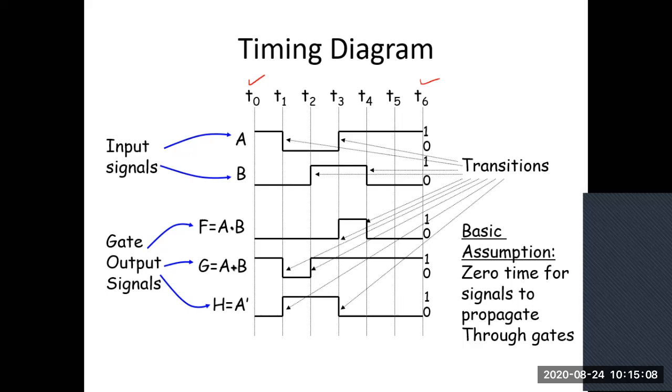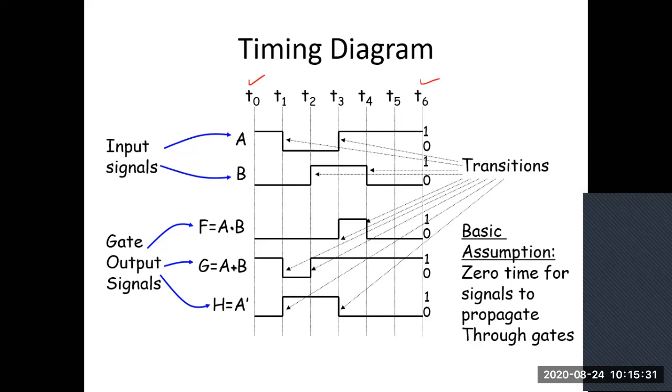At t1, I am changing the value of A from 1 to 0, and then at some time t3, I am changing it again from 0 to 1. This I am considering at my input side. Because this is your input A and this is also your input.